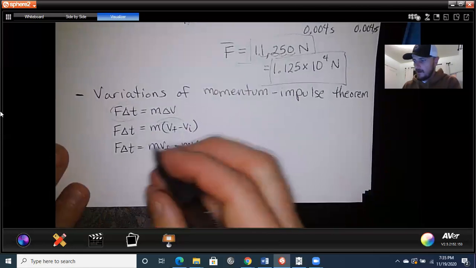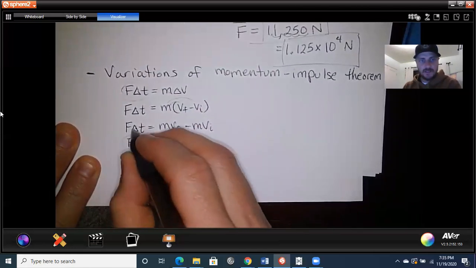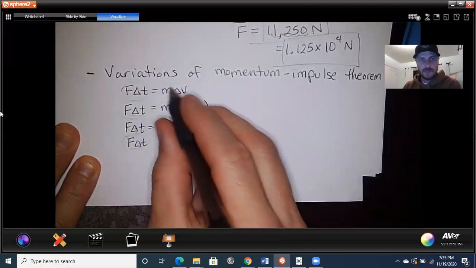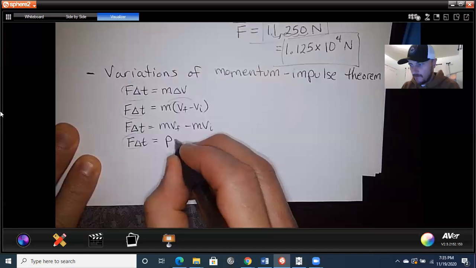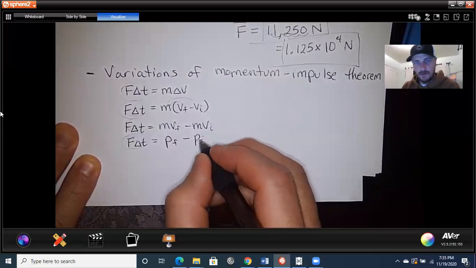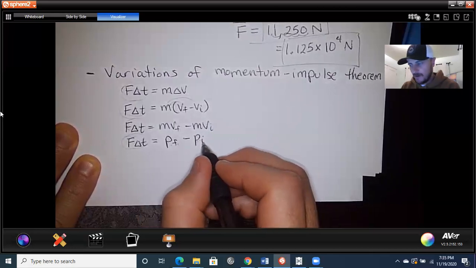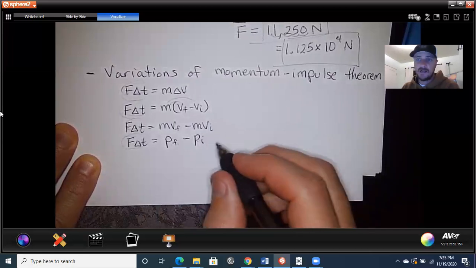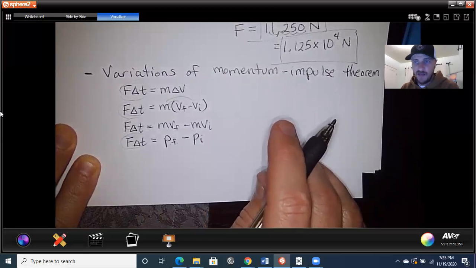So I could write underneath this F delta T. Again, this side is the impulse. This side is the change in momentum, equals Pf, because mv is a p, minus Pi, right? And what is any final minus any initial? I don't care if it's final velocity minus initial velocity, final time minus initial time, final banana minus initial banana.